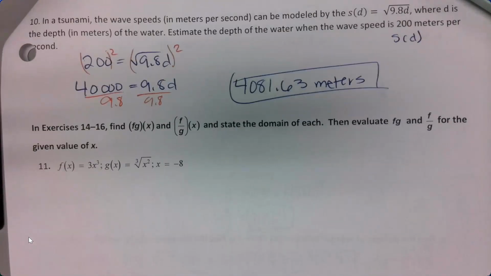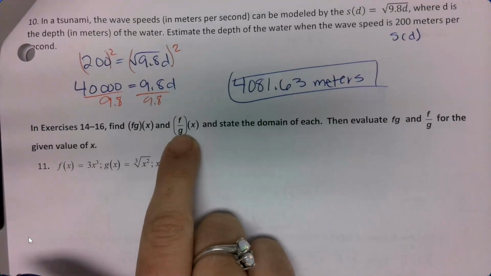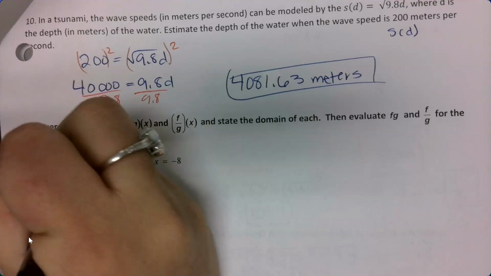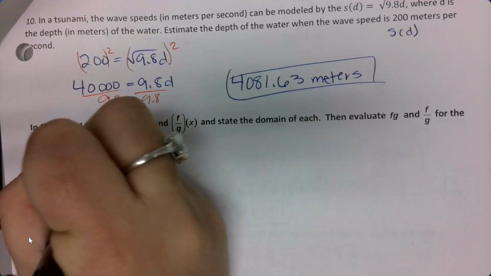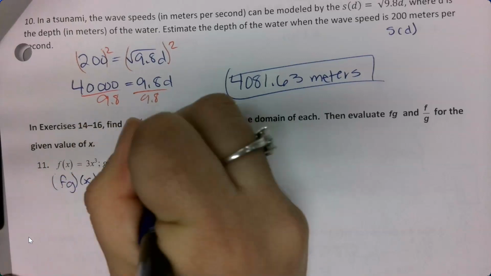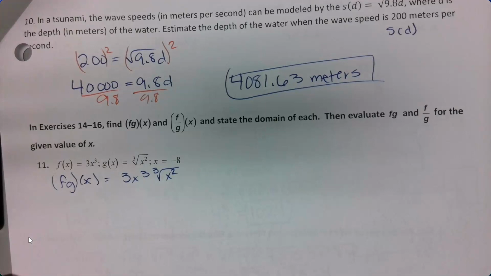And the next one wants me to find the functions. It wants me to multiply the functions together and divide the functions and then evaluate for the given value of x. So first thing I'm going to do is I want to find f times g of x. This means multiply the two functions. So I have 3x cubed times the cube root of x squared.